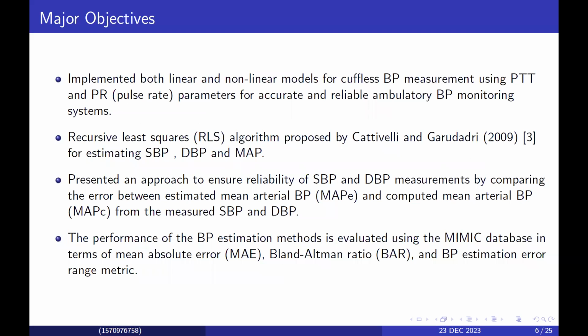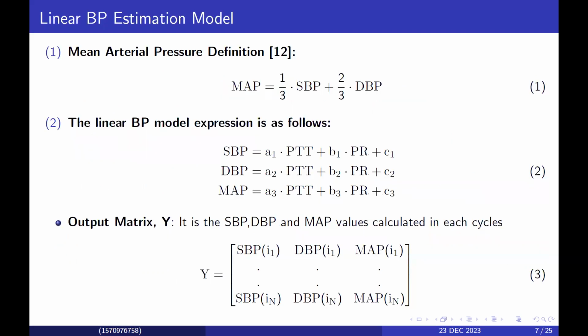We also presented an approach to ensure the reliability of SBP and DBP measurements by comparing the error between the estimated BP, which is MAP-E, and the computed MAP-C from the measured SBP and DBP, which I will discuss further in the coming slides. The performance of the BP estimation methods is evaluated using the MIMIC database in terms of mean absolute error, Bland-Altman ratio, and BP estimation error range metric.